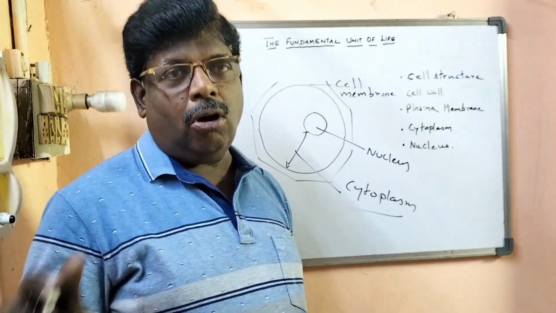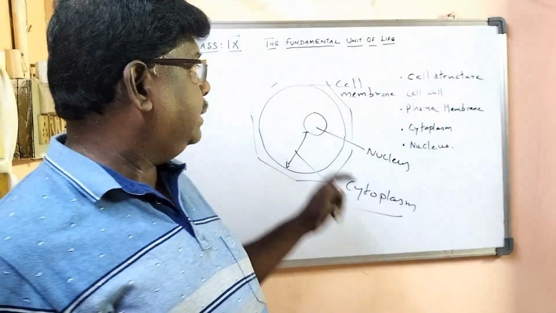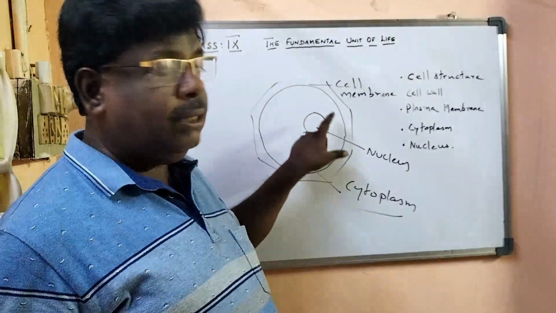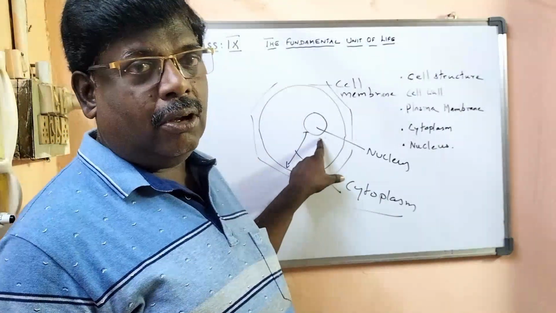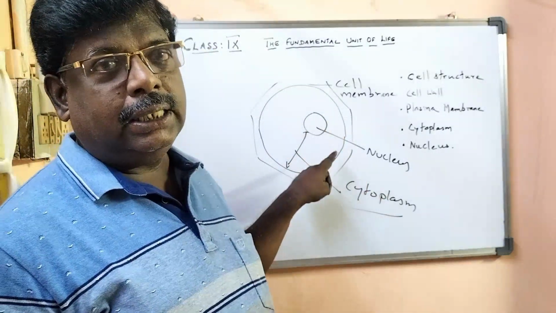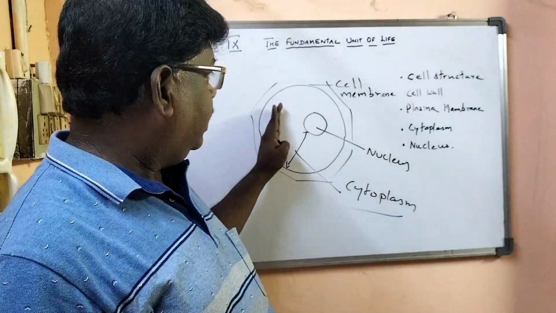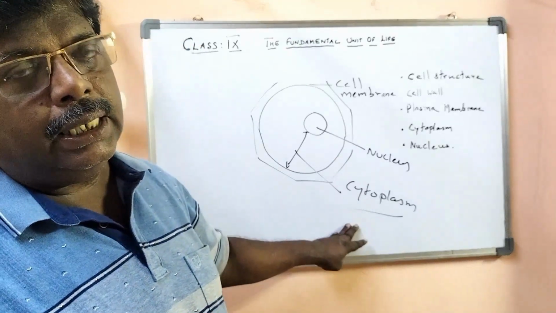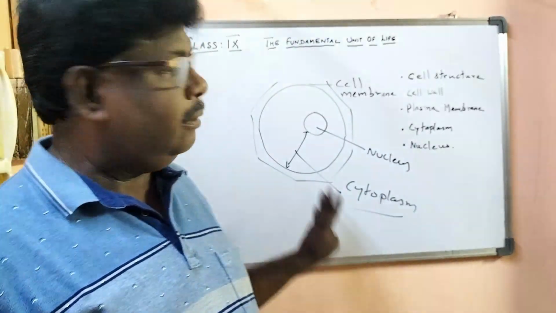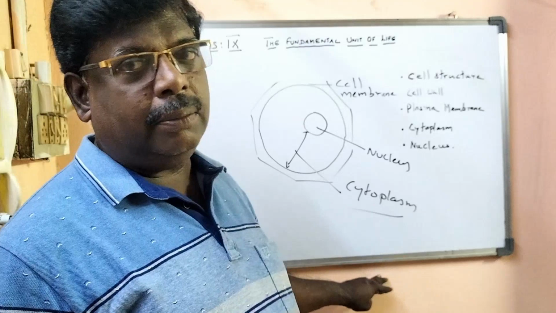But in almost all organisms, there are three basic features. That is the cell membrane, also known as plasma membrane. In the center or towards the side, there will be the nucleus, and the remaining entire space is filled with cytoplasm, a jelly-like substance.